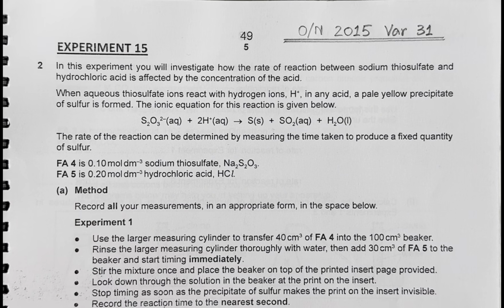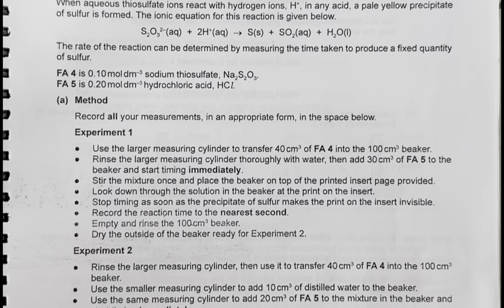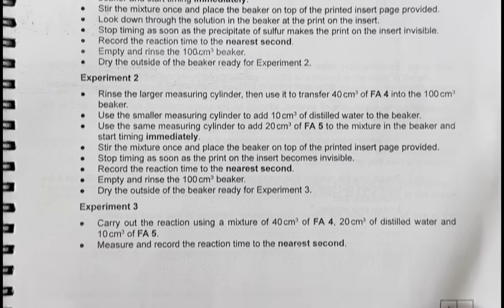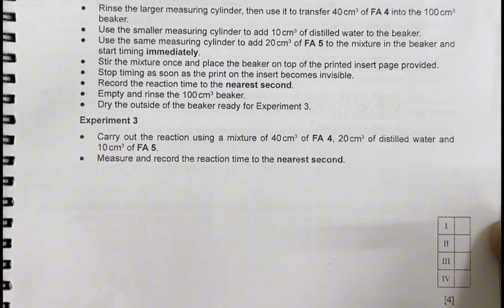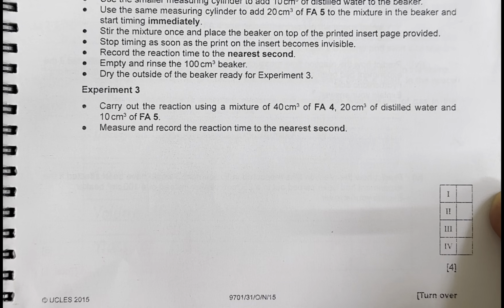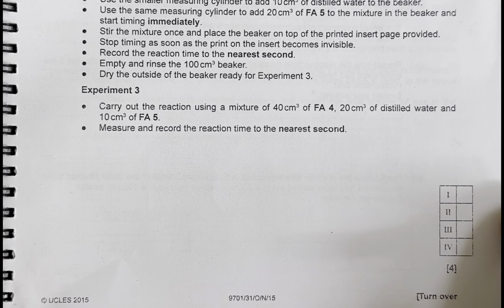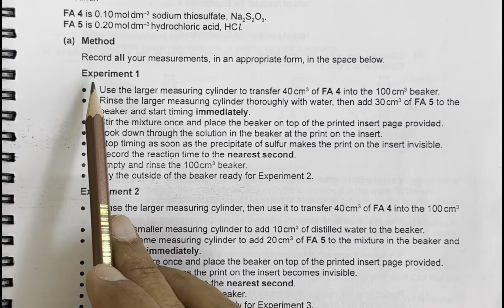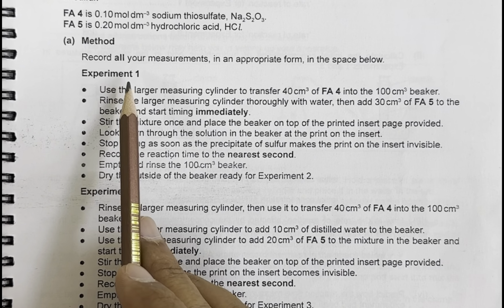The method shows us that we have to perform 3 experiments in a row, and then a small space is given here for a table to be formed for 4 marks. So now let's perform experiment 1 first.